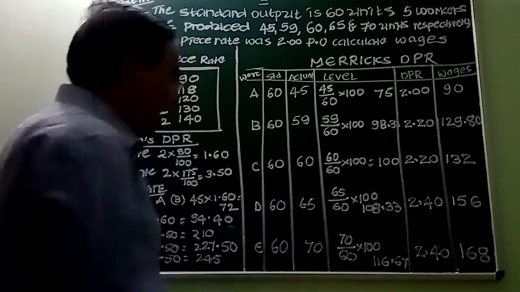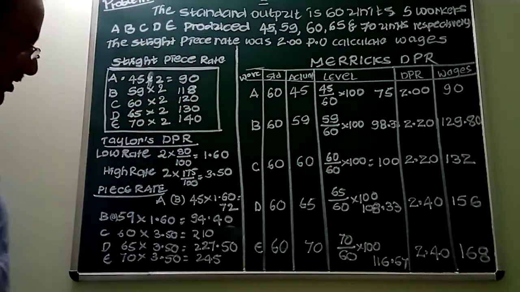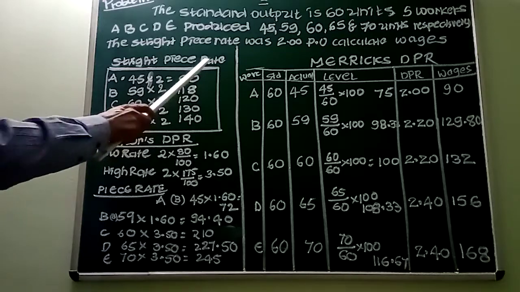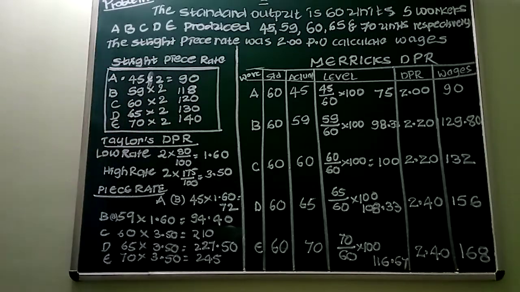If he is above 83% but less than 100%, he will be paid 110% of the ordinary piece rate. If he is above 100%, he will be paid 120% of the ordinary piece rate. I think you have understood how to solve this problem under different wage payment methods.